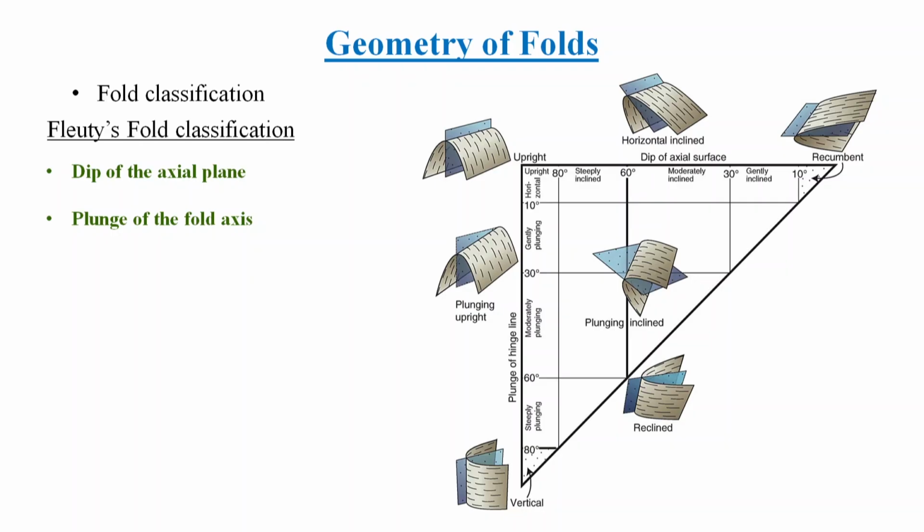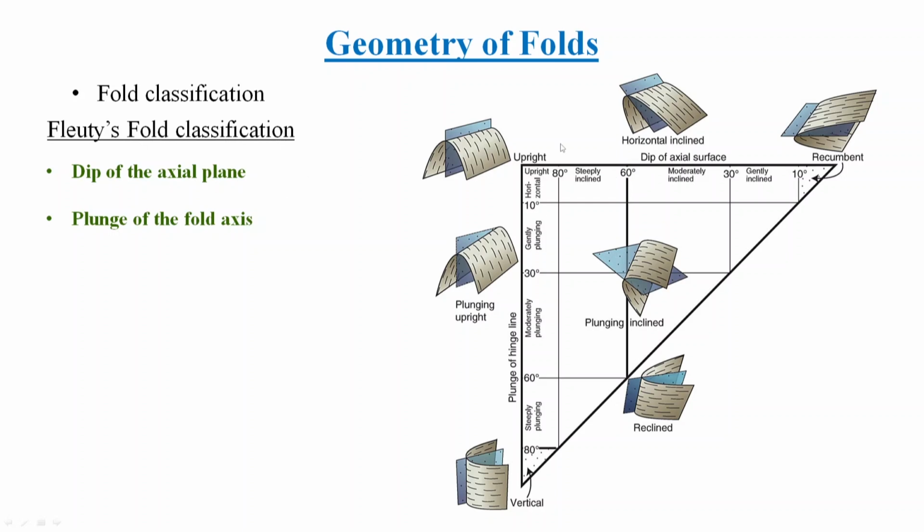Then you will measure the slope of this bed perpendicular to it. That will be considered as the dip from the horizontal. That means you will get an angle out of it, be it 20 degrees, 40 degrees. If it becomes vertical, the dip of the plane will be 90 degrees. If it is horizontal, the dip of the plane will be 0 degrees. Like that, you will have the dip of the axial plane.